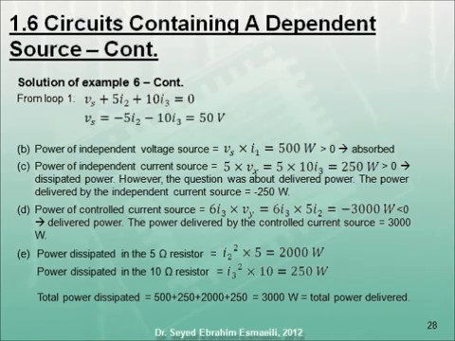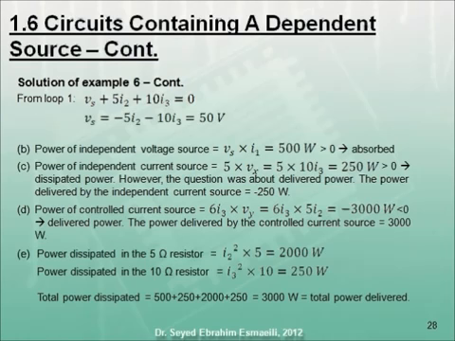Since the current in the independent voltage source is flowing in the direction of voltage drops across its terminals, the power equation P is equal to Vs times I1, which equals 500 watts. Since the power is positive, it means that it's a dissipated power.